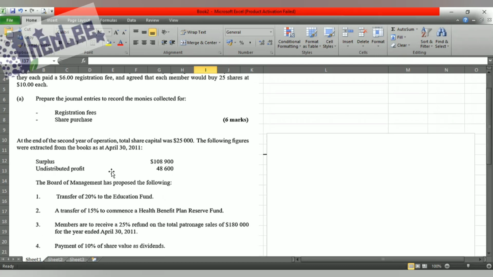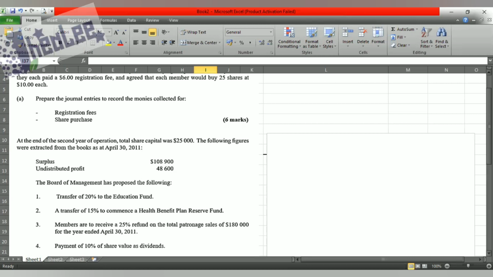At the end of the second year of operation, total share capital was 25,000. The following figures were extracted from the books as at April 30th, 2011. Surplus 108,900, undistributed profit 48,600.